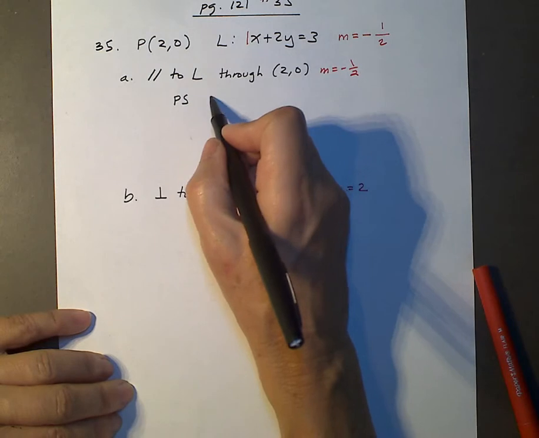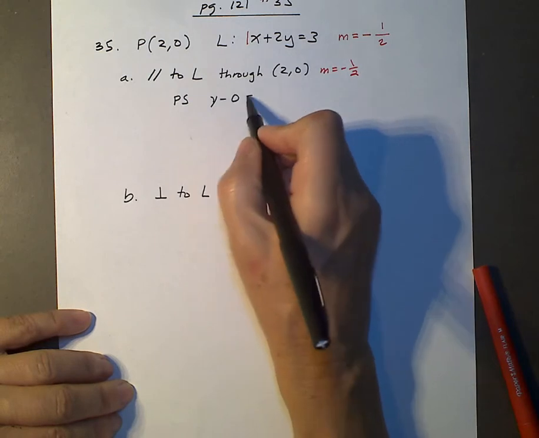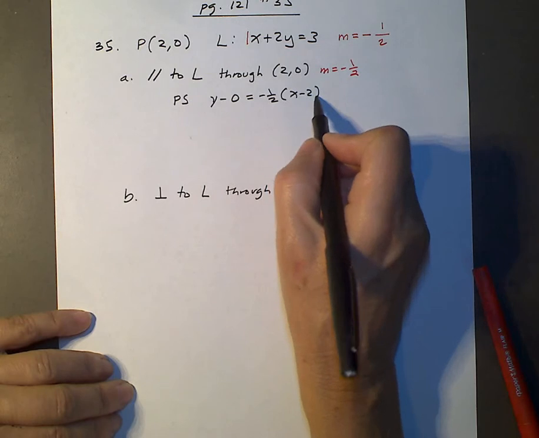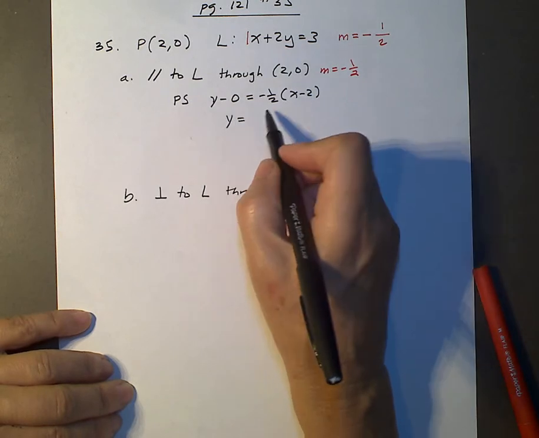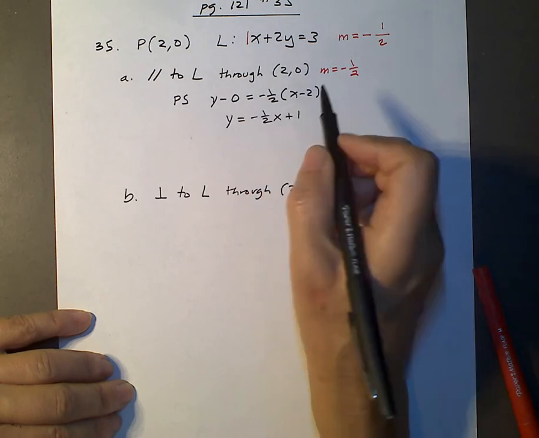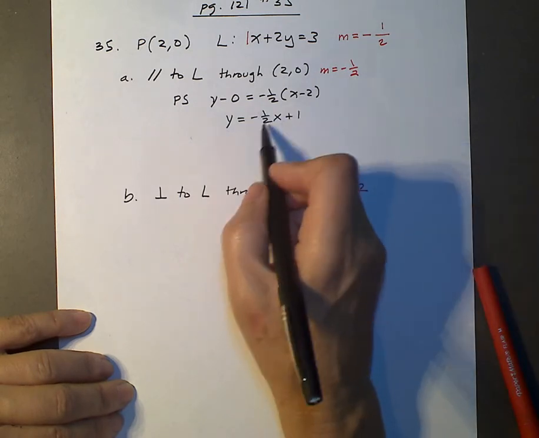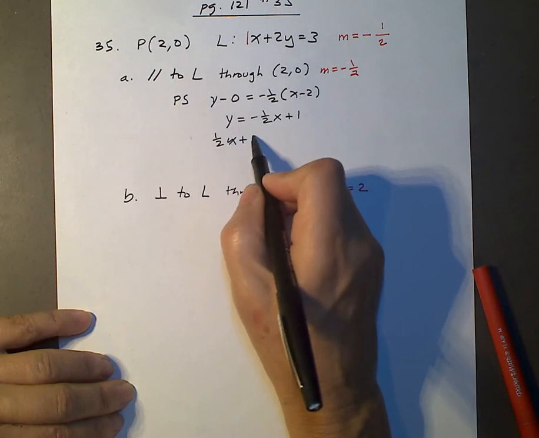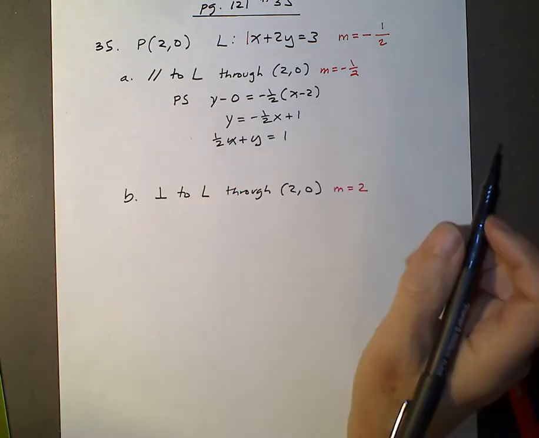So y minus 0 equals negative 1/2 times x minus 2, y equals negative 1/2 x plus 1. I'll move this over to the other side, 1/2 x plus y equals 1, and clear the fraction.